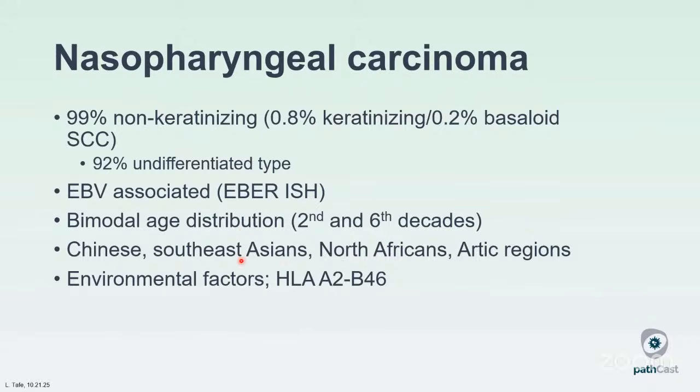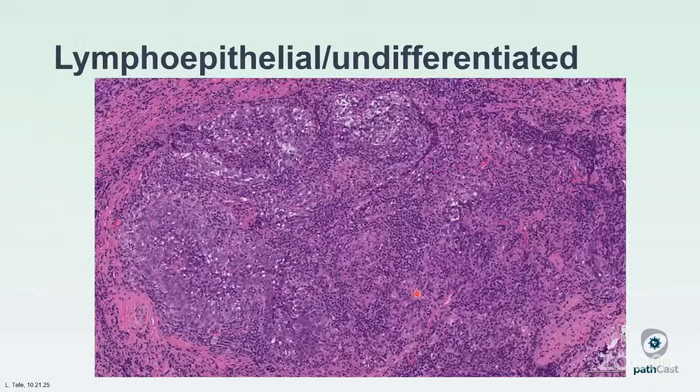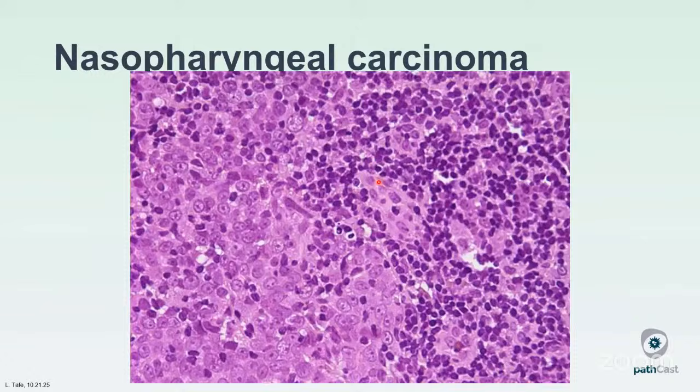We can see that in various ethnic groups, and there do seem to be some environmental factors as well as some genetic factors, such as a particular HLA type associated with the development of nasopharyngeal carcinomas. So here are just a few pictures of the classic lymphoepithelial undifferentiated type. We can see an abundance of inflammatory cells intermixing and partially obscuring these larger epithelial cells, which are keratin positive if you throw cytokeratin on them.